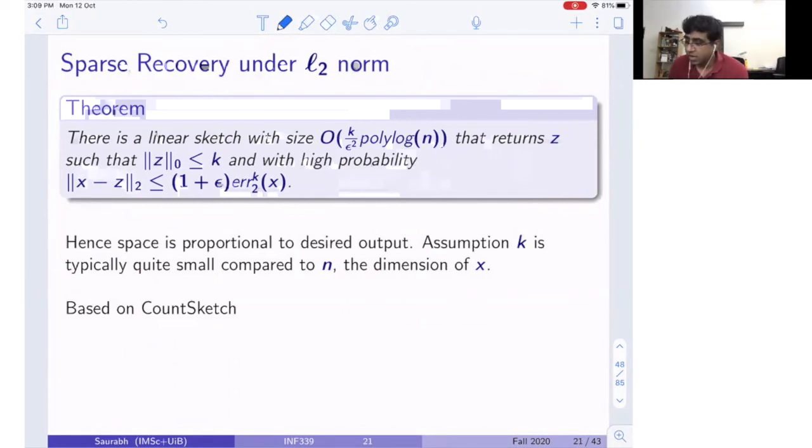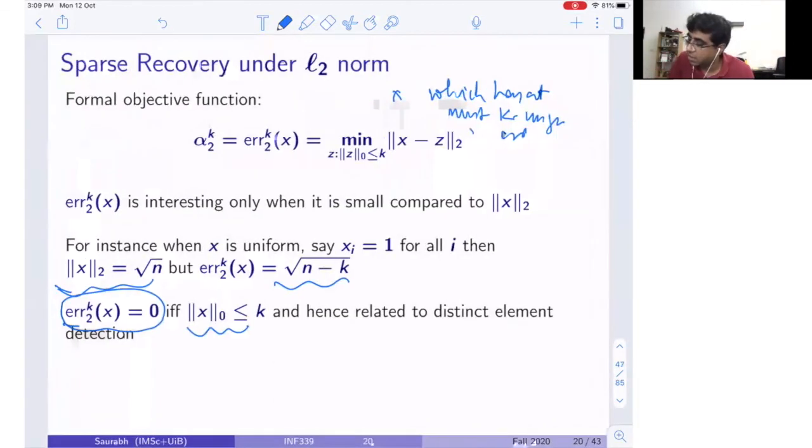It is a multiplicative guarantee: whatever the error is, it is at most 1 plus epsilon times the error which you will definitely incur.